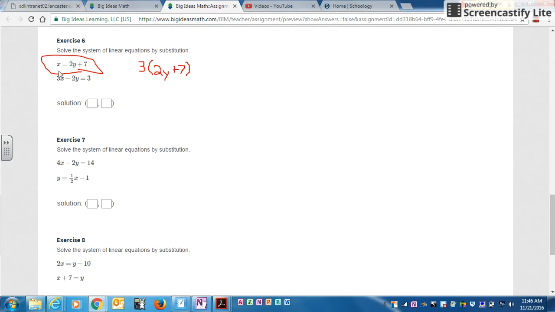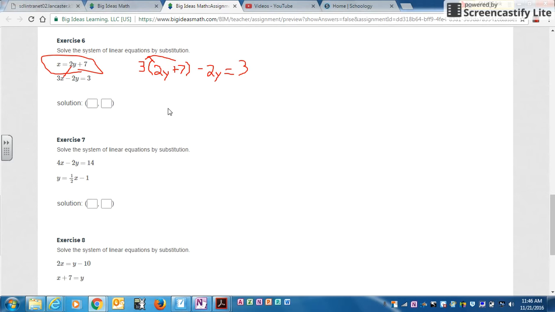So again, what I did was, instead of writing x, I wrote this. So I substituted this for that, like that. And then I have to finish writing the equation though. So all that minus 2y equals 3.